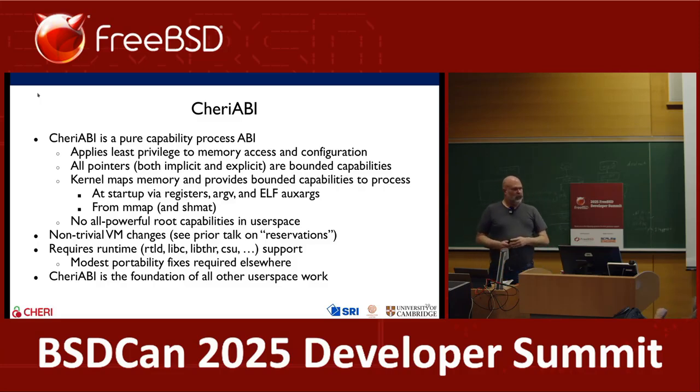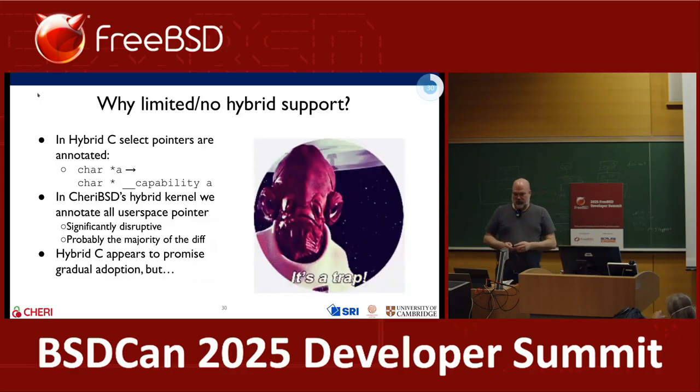So, for instance, in the original port, I think we had to change like 3 spots in OpenSSH. These days we change 0 because they've changed all those things. And this is really the foundation for all the other user space work. So having a spatially safe user space is the thing you need to do the rest of it.